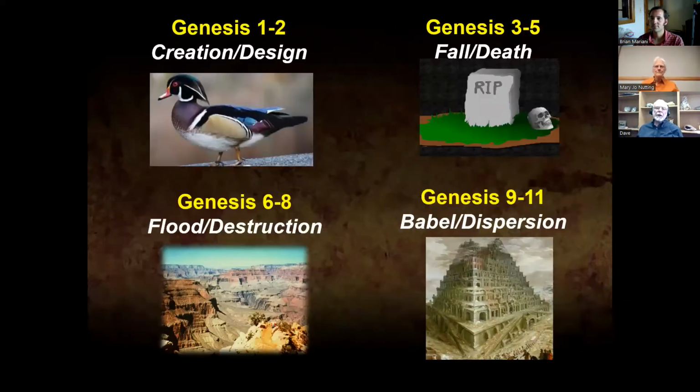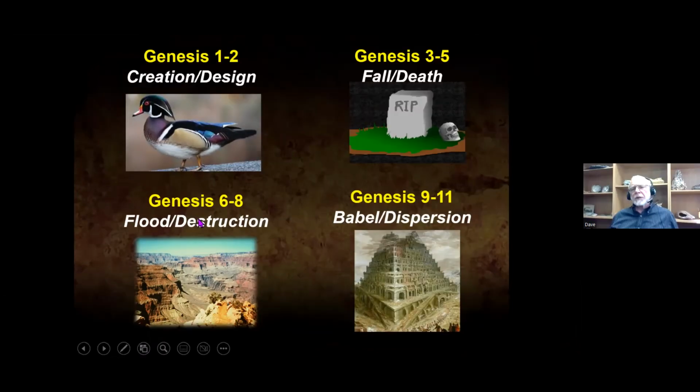Mary Jo already went over the general outline of the whole biblical Genesis 1 through 11. What we're talking about right now is the flood and destruction. We talked yesterday about the fossil record, and it's the flood and destruction that we're looking at today that has preserved most all of those fossils.